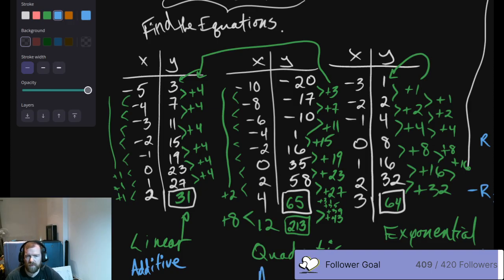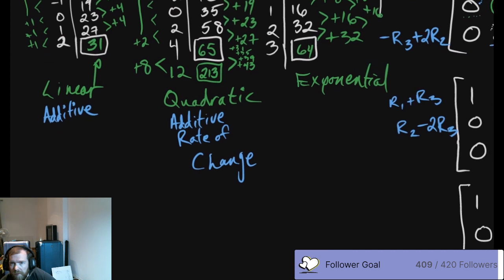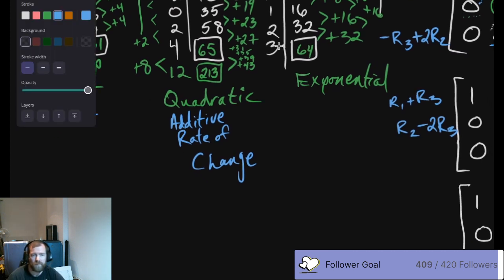The quadratic one has an additive rate of change. And the exponential one is not additive at all.